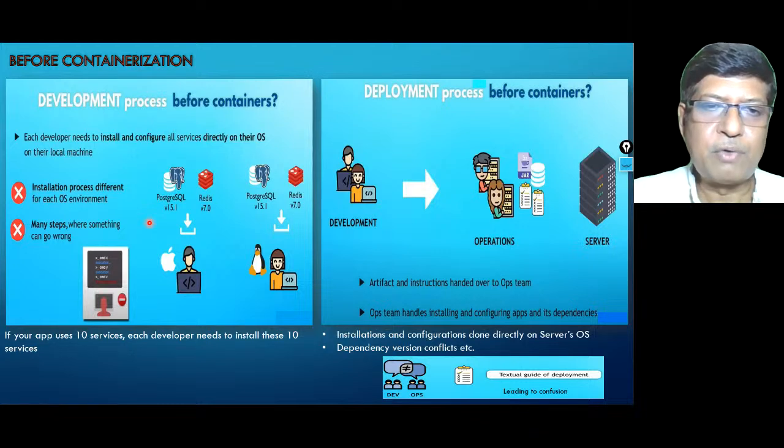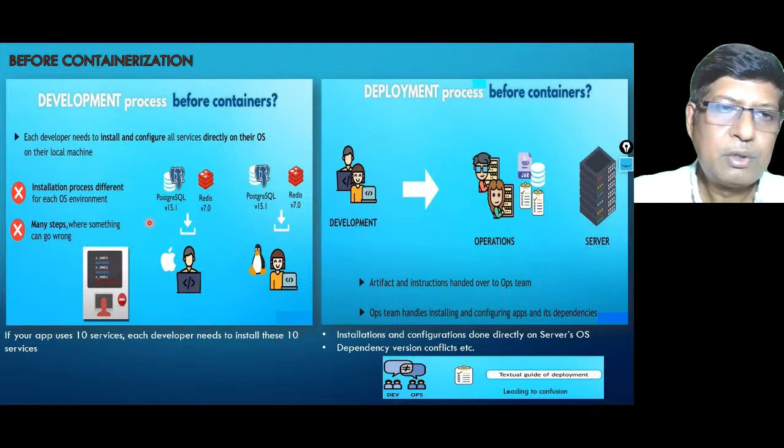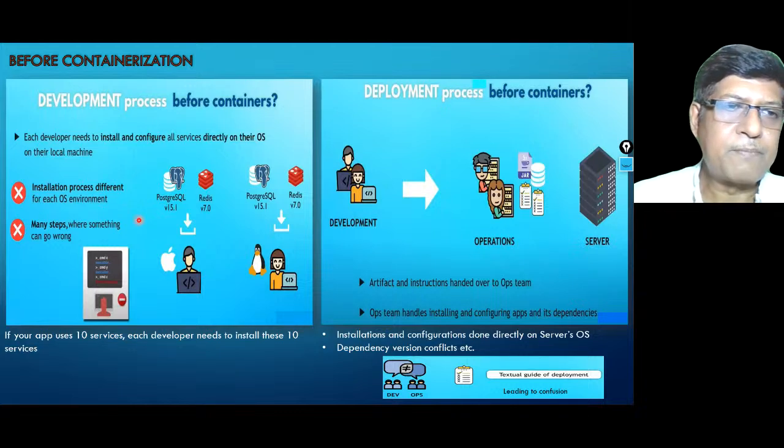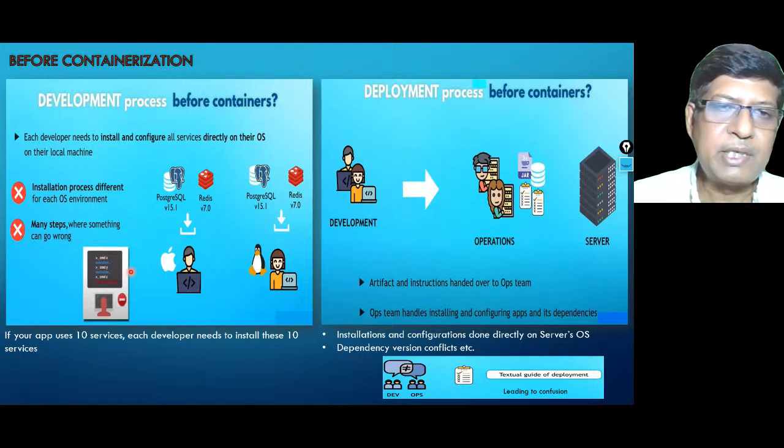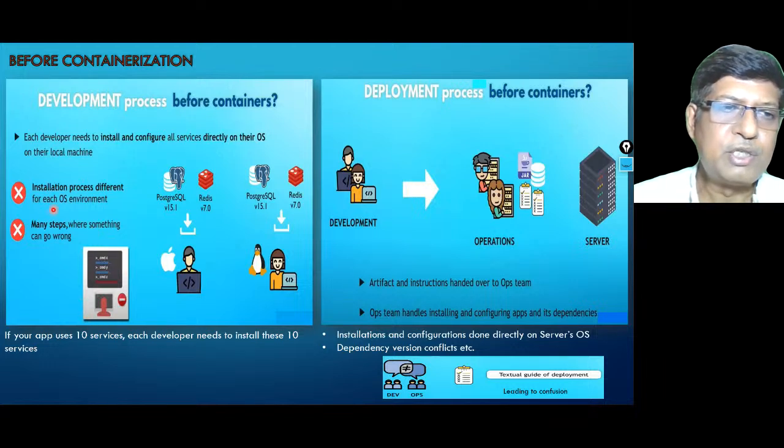The installation process on Windows will be different from the installation process on Mac. So that was a big headache. And you have many steps where something can go wrong. You have to rectify them. If something goes wrong, you have to take the entire system down, rectify it, put it back, do the regression testing, do the functional testing, and when everything is fine, only then you bring the system up. So it is not very simple.